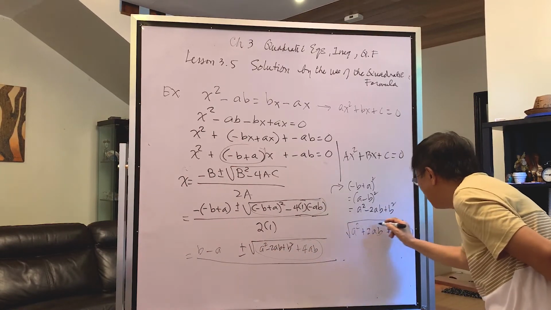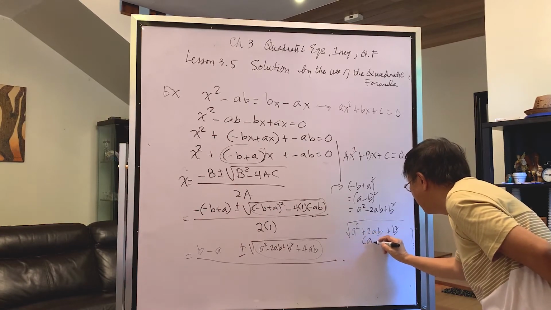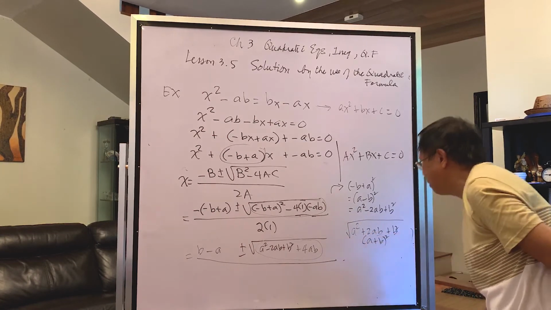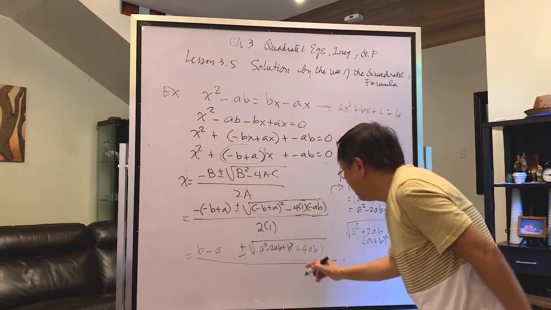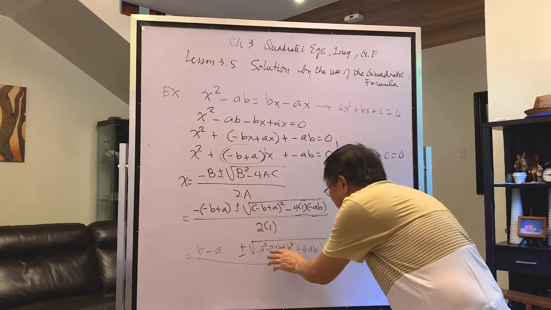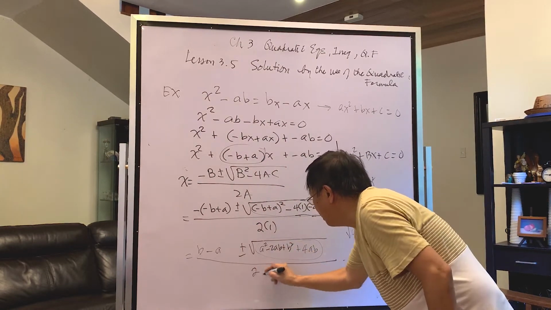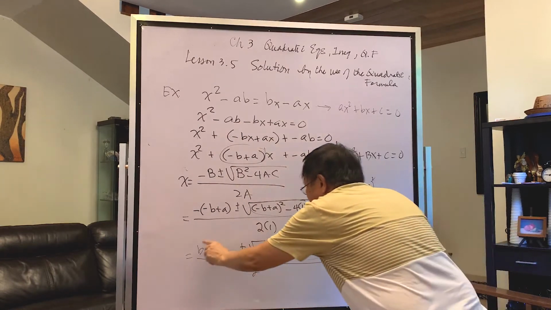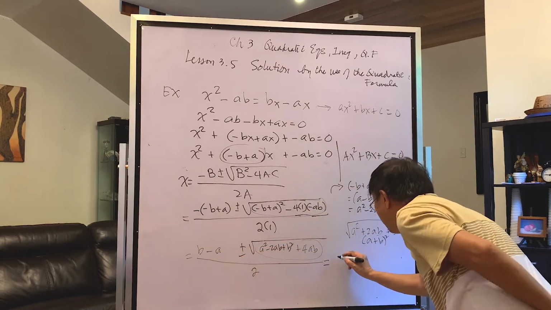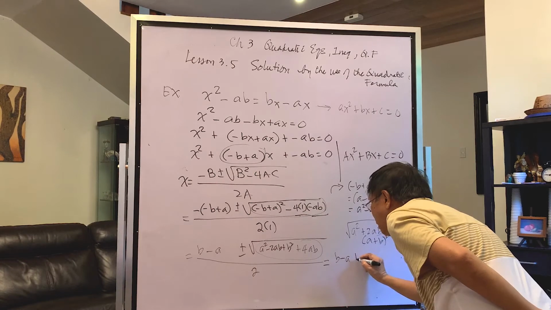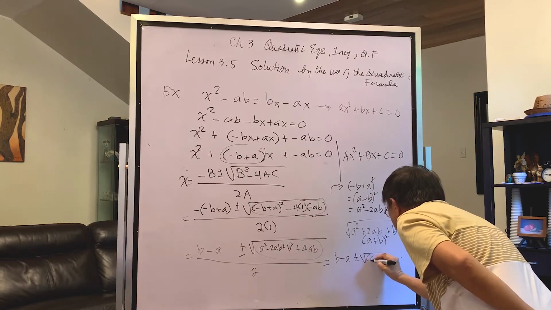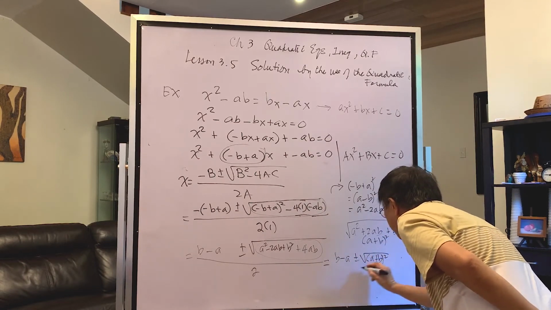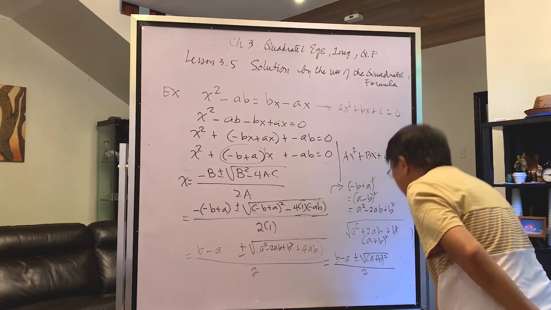This is actually a perfect square trinomial which is written as a plus b squared. So that this expression here now can be written as b minus a plus or minus square root of a plus b squared all over 2.